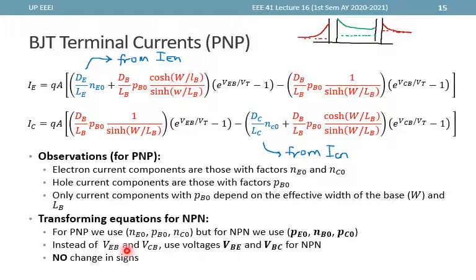And also, instead of VEB and VCB, since this is for PNP, we'll now need VBE, so for NPN, and VBC, sorry, for NPN. And also please note that there will be no necessary change in the signs.